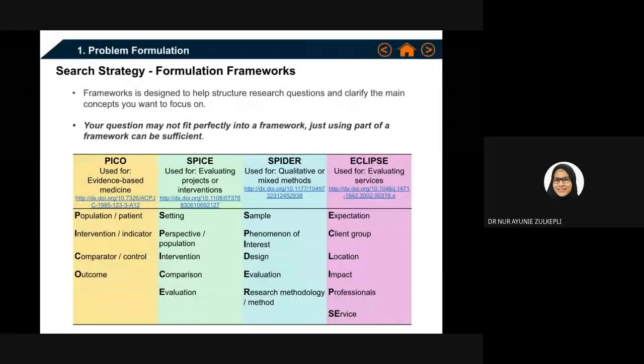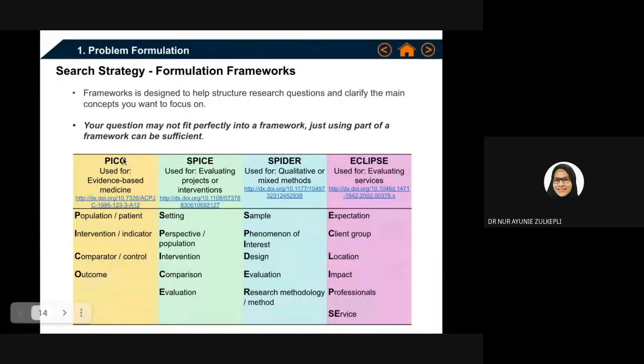So there are formulation frameworks that you can follow in order to ease your search strategy. This framework is designed to help structure the research question and clarify the main concept you want to focus on, okay? Your question may not fit perfectly into this framework, but you can use just part of it, the part which is related to or matches your topic.